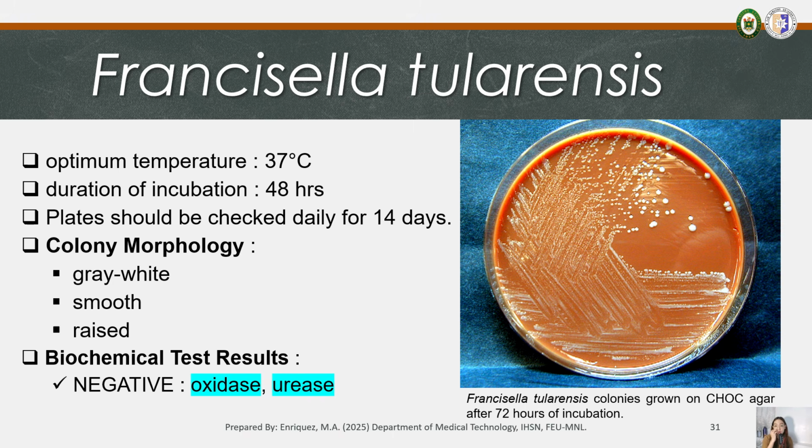So, ganun po katagal yung possible na duration of incubation nila. So, sobrang dysgonic, sobrang slow growing po ng Francisella tularensis. Colony morphology is as shown on the right. So they could produce a grayish white color. They are smooth and raised.